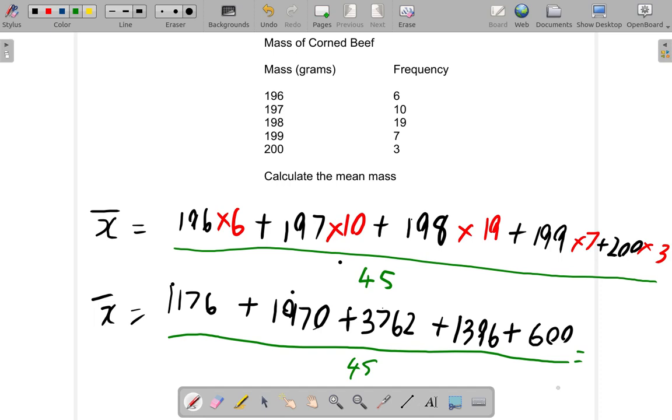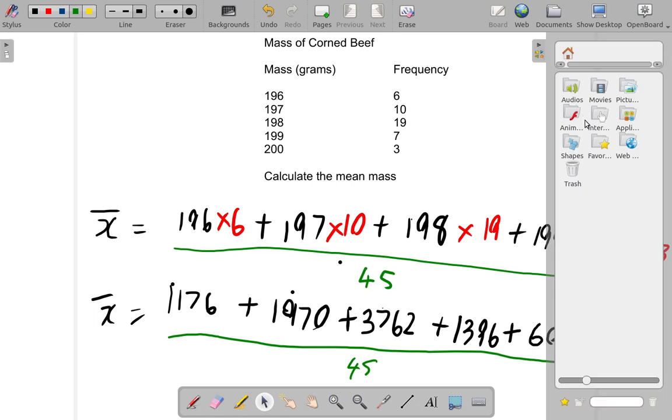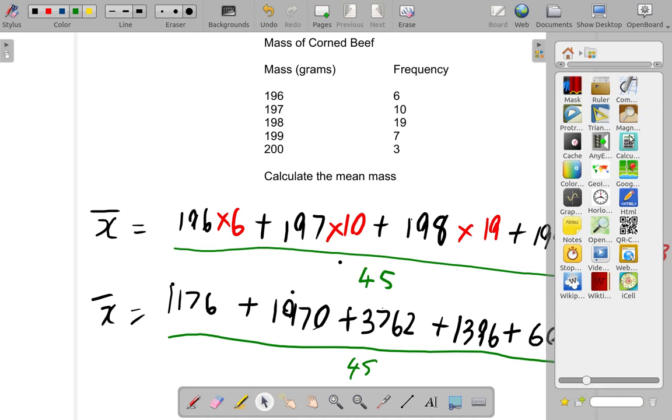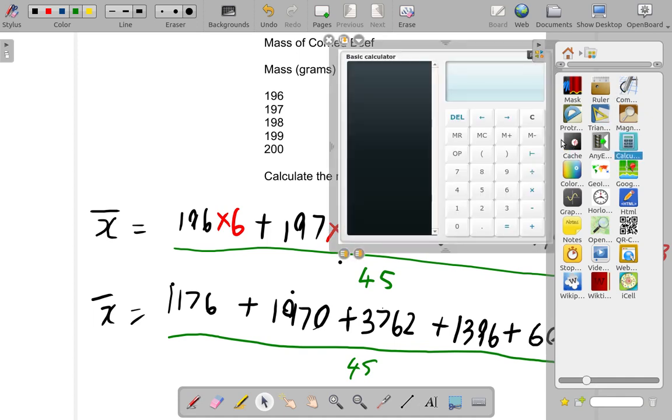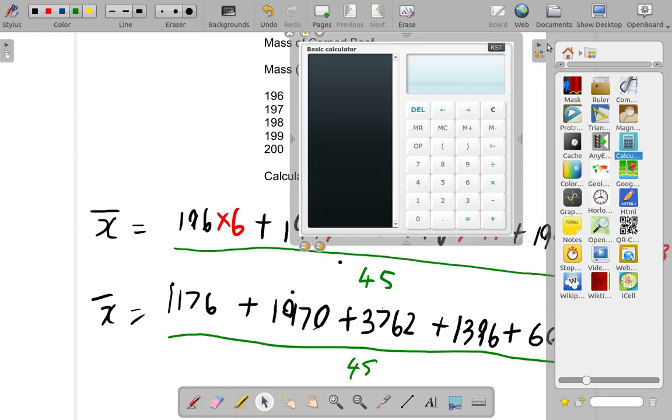By the way, I could just use my calculator. Let me see if I have my calculator so you can clearly see my calculation. Is it this? I have my calculator here. Good.